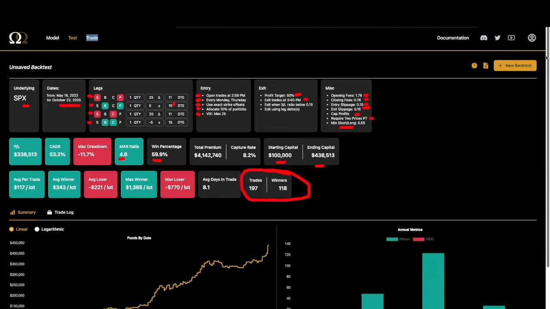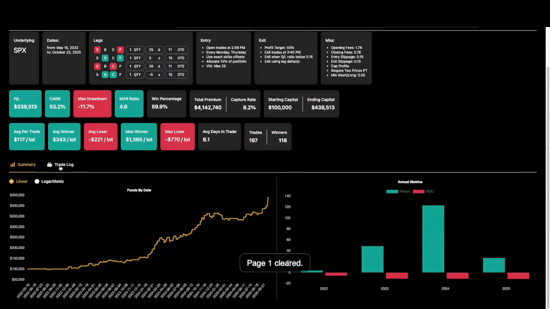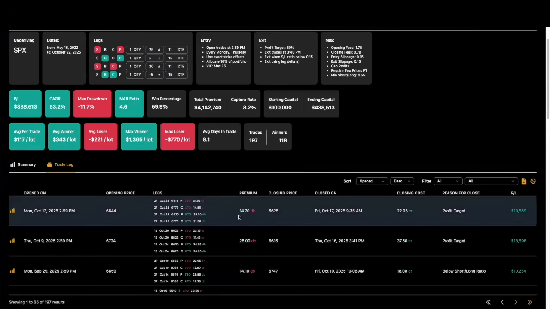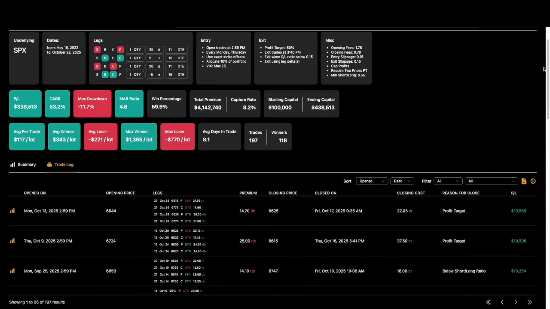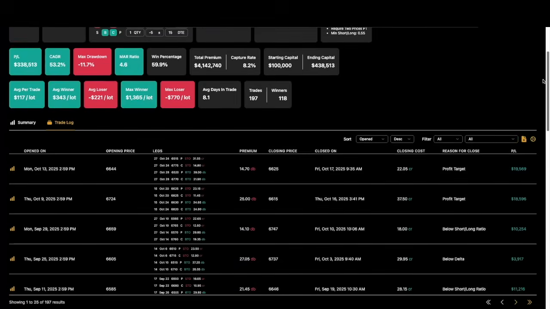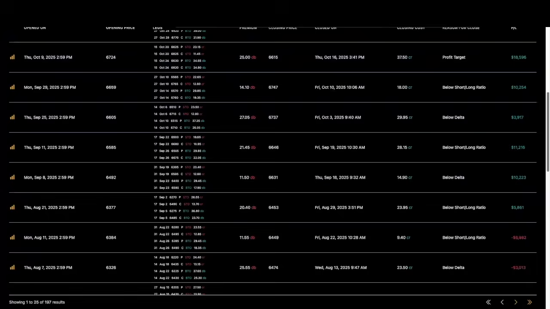And if you look down here, look at the trade log, this could generally be maybe a $14 to $25 trade, depending on where volatilities are. And you can see here, again, in this example of back testing I used 10% of the portfolio. So you can see some bigger numbers here, but you can see the profit targets. You have some losers here.